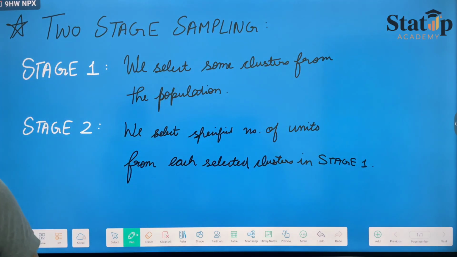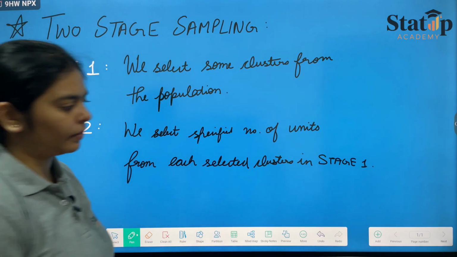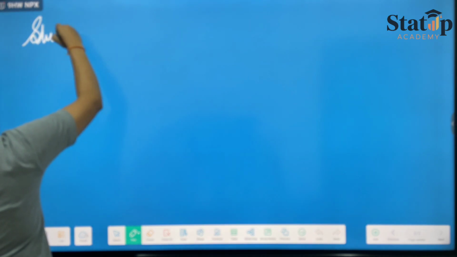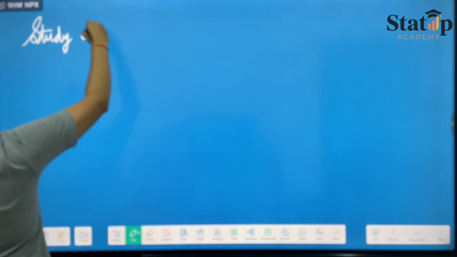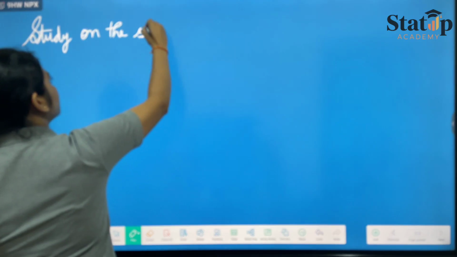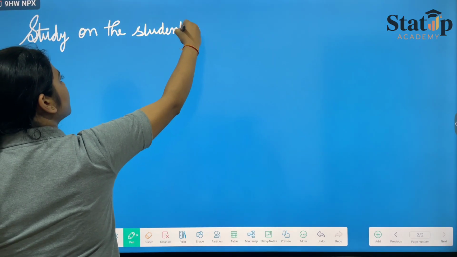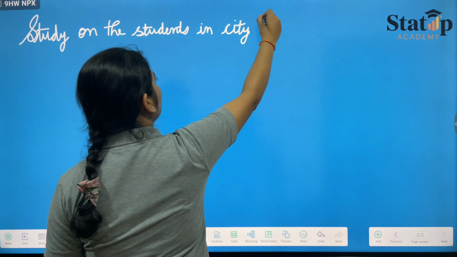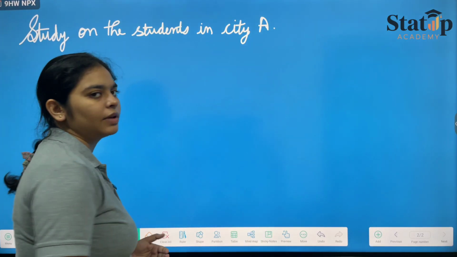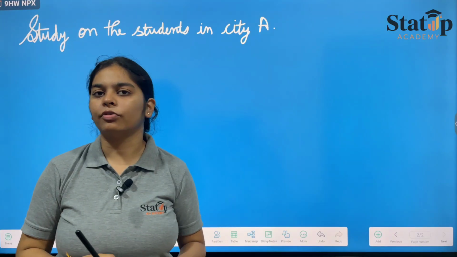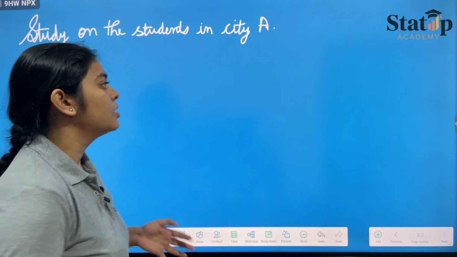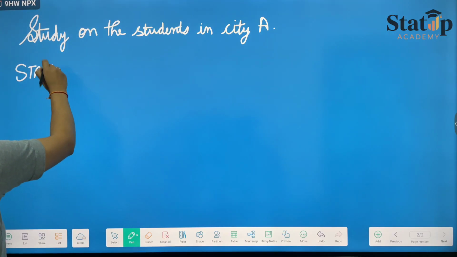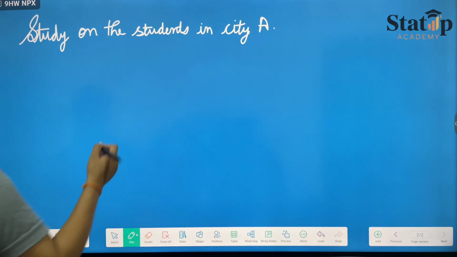Now let us consider an example. Suppose we want to conduct a study on the students in city A, on how they are performing, or the performance of the students. So in stage one, first of all, we'll define our population.